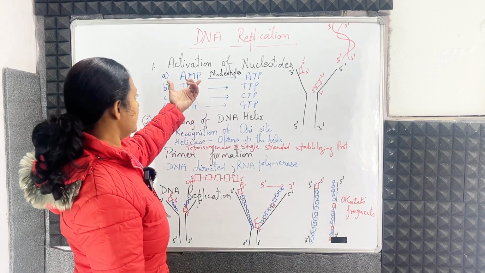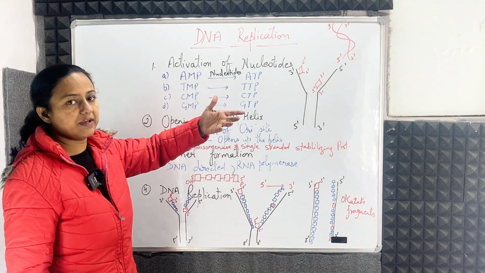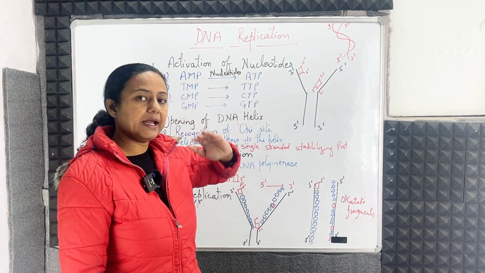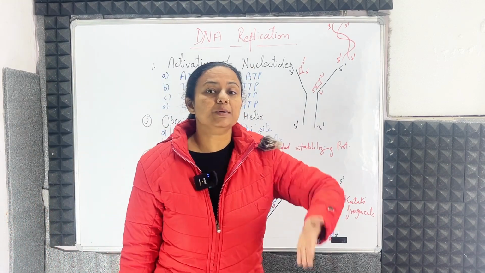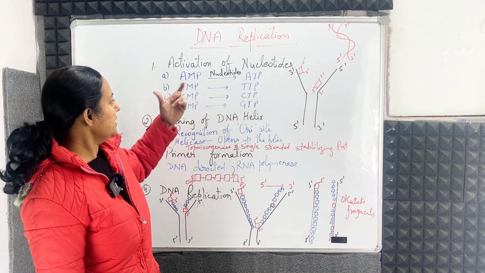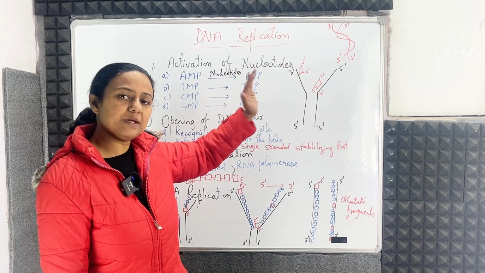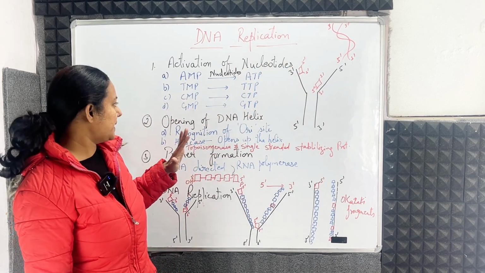They are in the form of monophosphates. Adenine monophosphate will convert into ATP, adenosine triphosphate. Here it is TMP, which will convert into TTP, meaning they start converting into triphosphates.